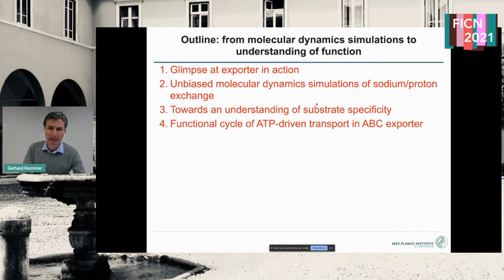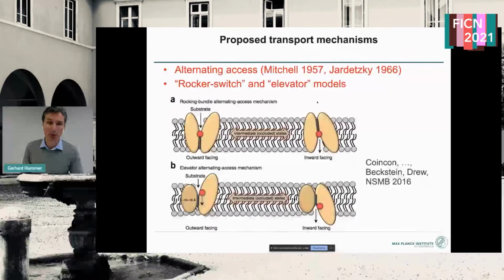And in the third part, I will look at this system in a bit more detail from a thermodynamic point of view to try to understand the substrate specificity in more detail. And I will conclude with an outlook of emerging challenges in this field and concentrate on some recent work on ATP-driven transport in an ABC exporter.